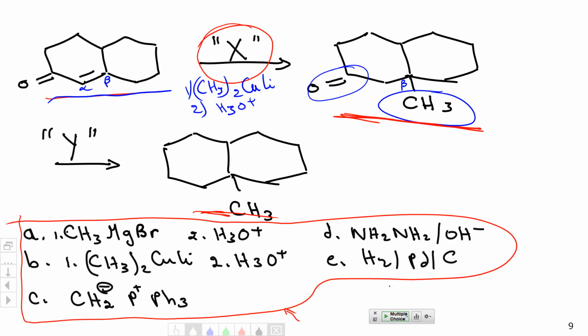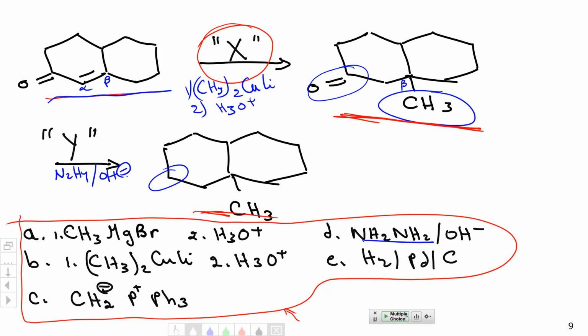Actually, for us to reduce any ketone or aldehyde totally to a CH2, the reaction that we learned is the Wolff-Kishner reaction, which is the hydrazine NH2NH2, OH minus, or sometimes we write it as N2H4, OH minus, and this is the reaction that totally reduces the C double bond O to CH2.